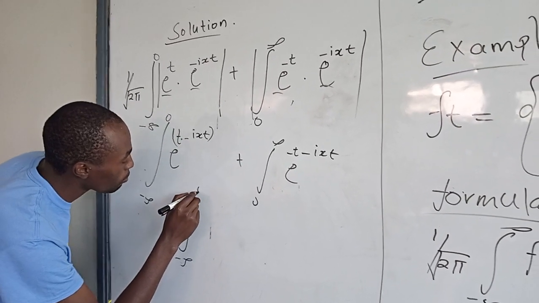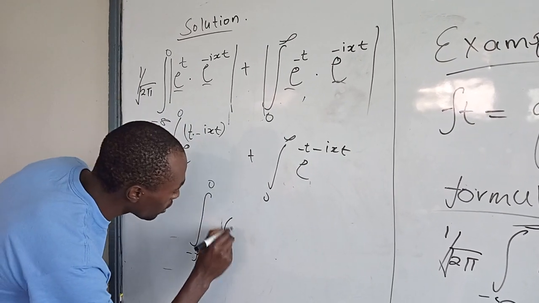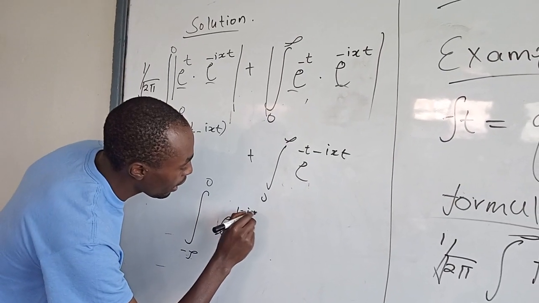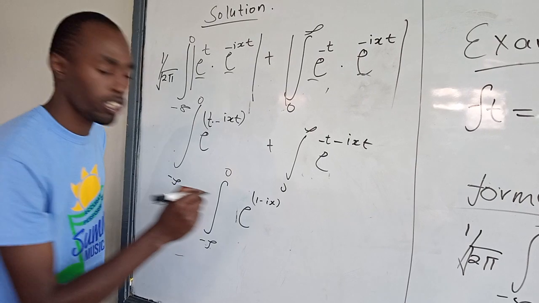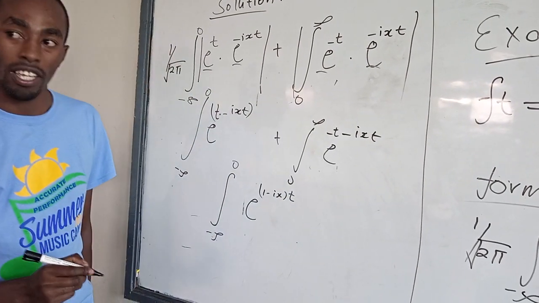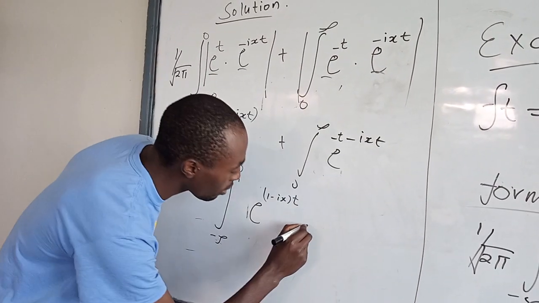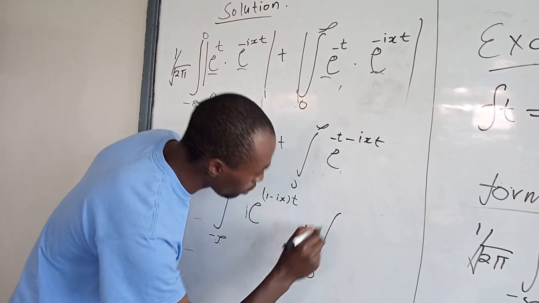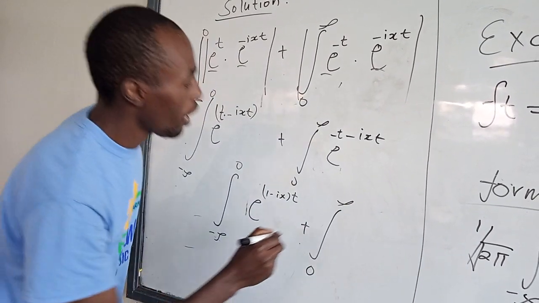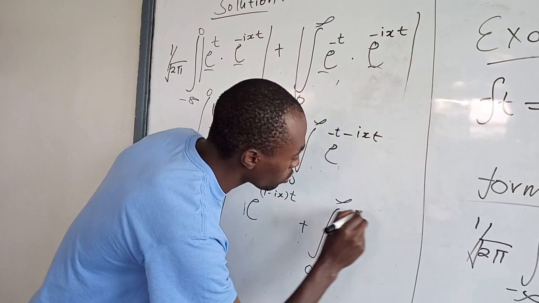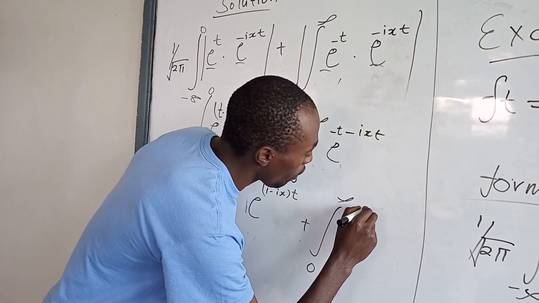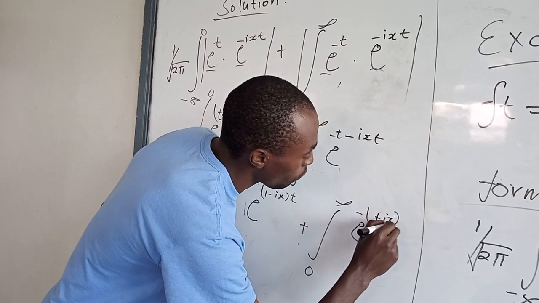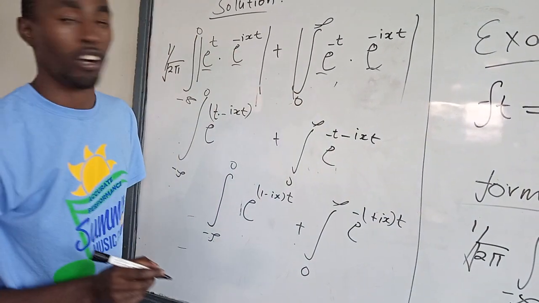We are going to integrate from negative infinity to 0, and factoring out t, we have (1 minus ix) t. Then our sign remains, integrating from 0 to infinity. Factoring out t, you are going to have (negative 1 minus ix) t.